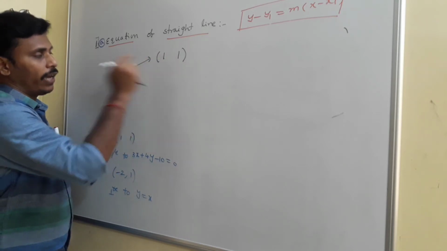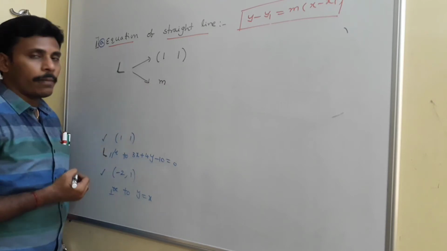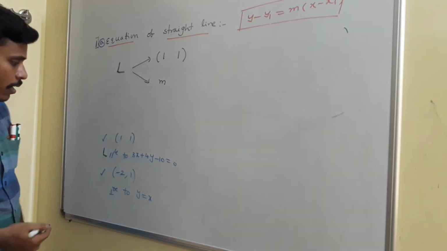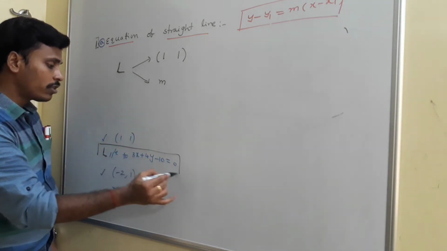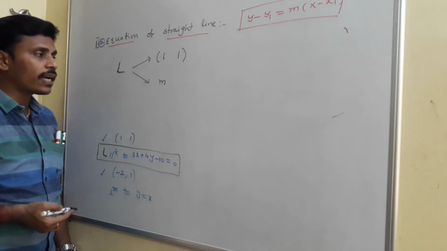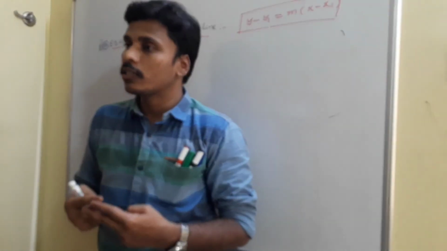So x1, y1, and for that line you need the slope also. Let it be m. Actually the slope is not given, but as per the question, L is parallel to 3x plus 4y minus 10 is equal to 0. With this parallel condition, we know that the slopes of parallel lines are equal.